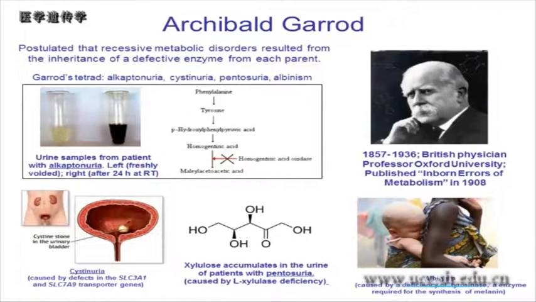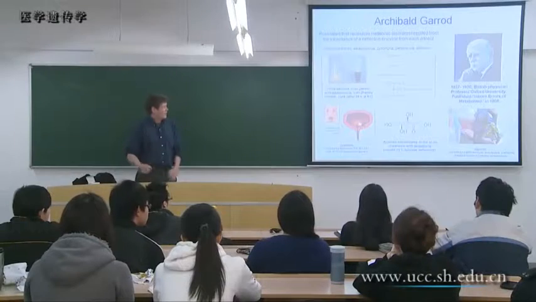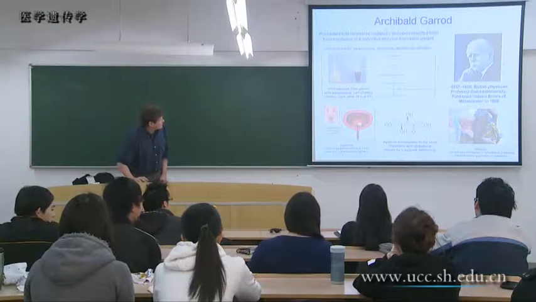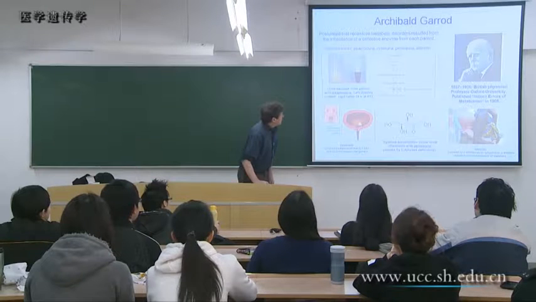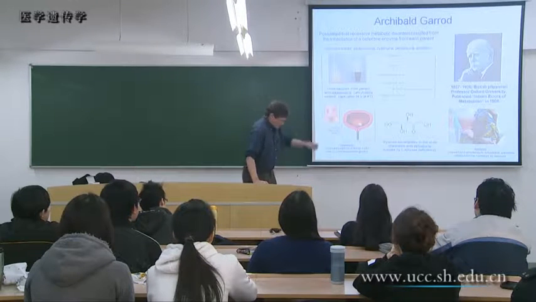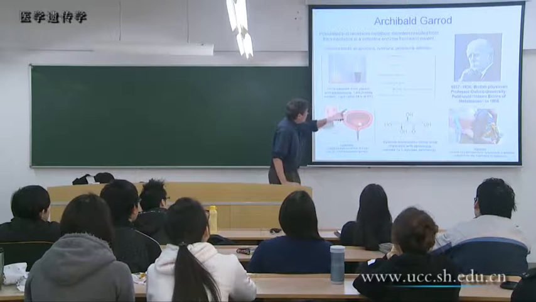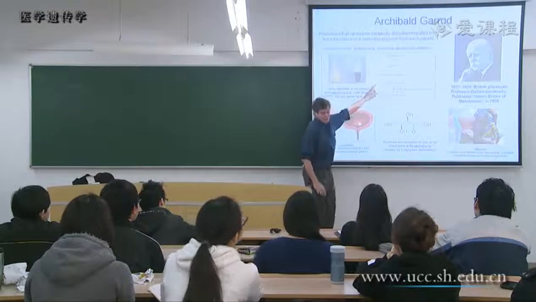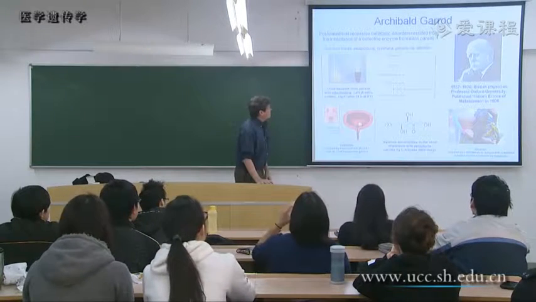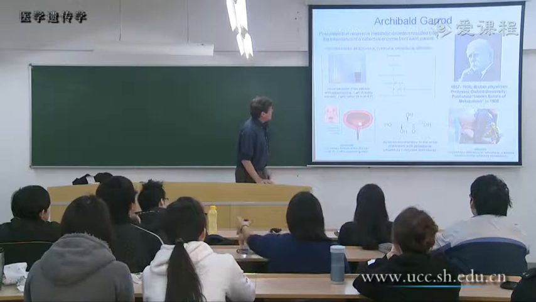Each disorder also, we now know, is a recessive disorder that results when an essential enzyme is missing. In the case of alkaptonuria, it's missing an enzyme that's required to metabolize one of the metabolites of phenylalanine and tyrosine.